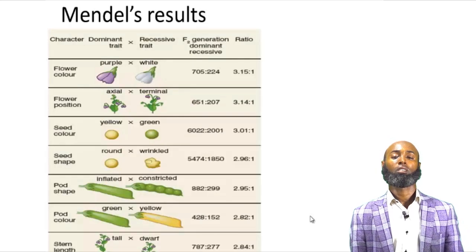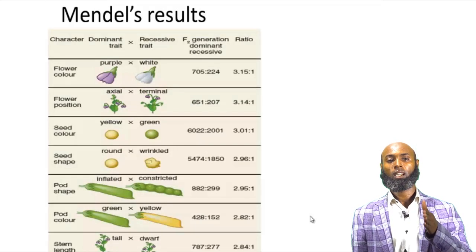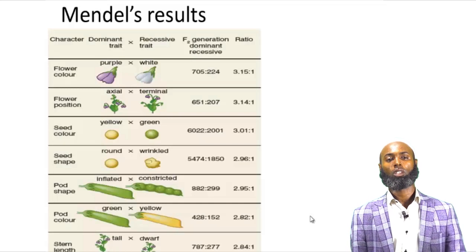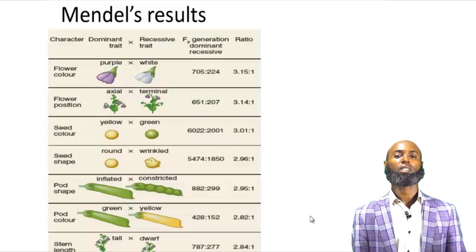Now from this picture, these are the results of the 7 contrasting characteristics.